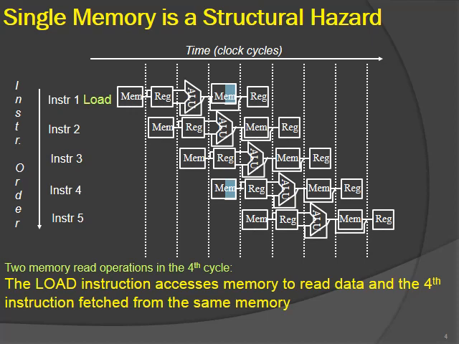So there are two memory read operations in the 4th cycle. The load instruction accesses memory to read data, and the 4th instruction, which is fetch, also uses the same memory during the same clock cycle. That causes the structural hazard when we are dealing with a single memory during our pipelining process.